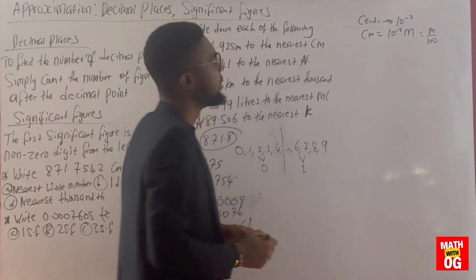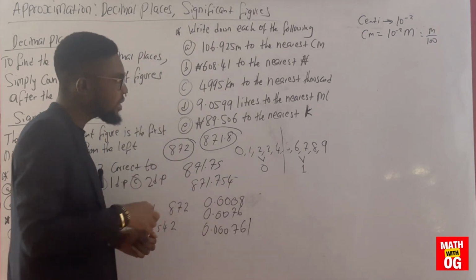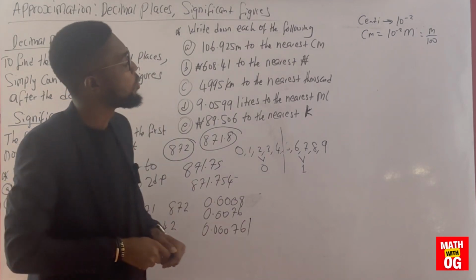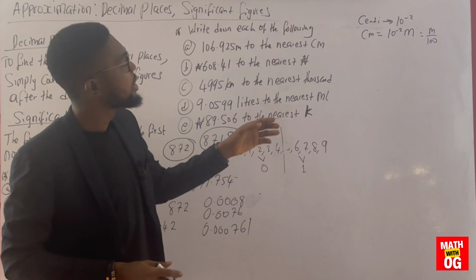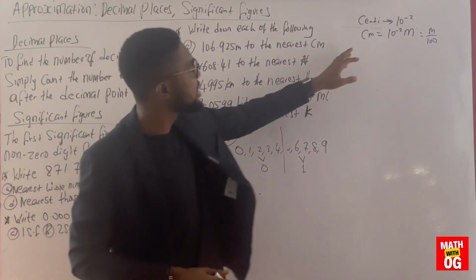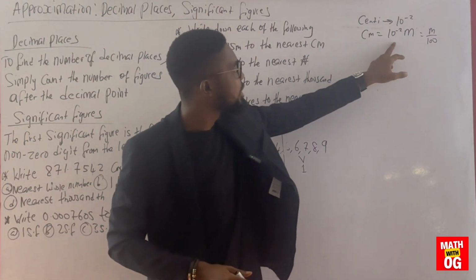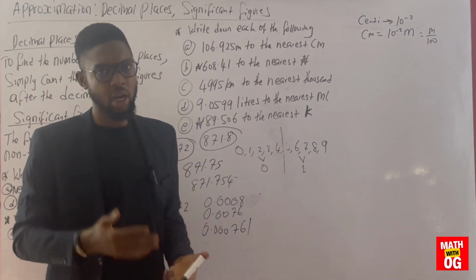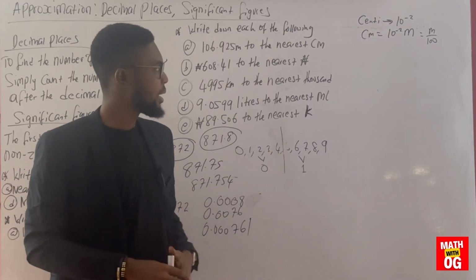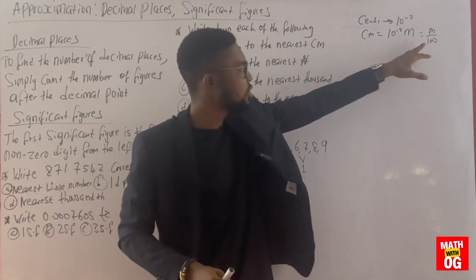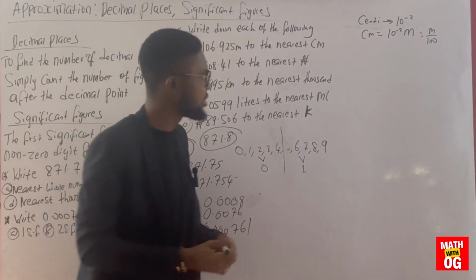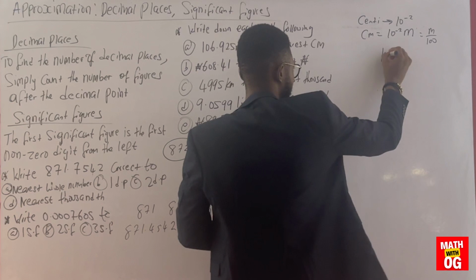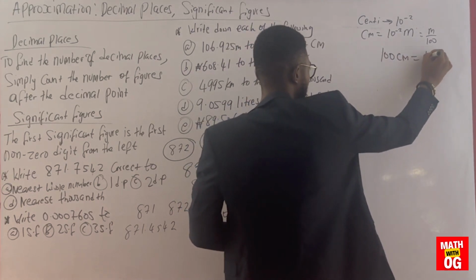That's why you are told whenever you see a centimeter and you want to change to meters, you simply divide by 100. I think some of you still remember that. That's why 100 cm is equal to what? 1 meter.